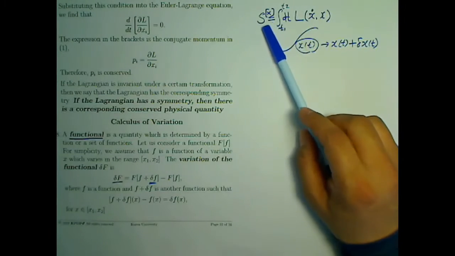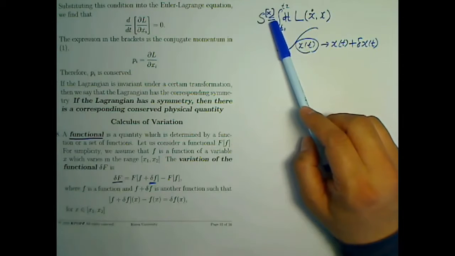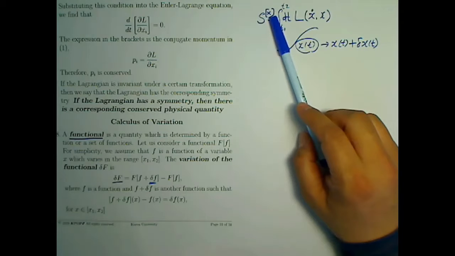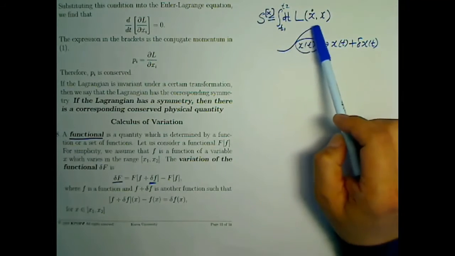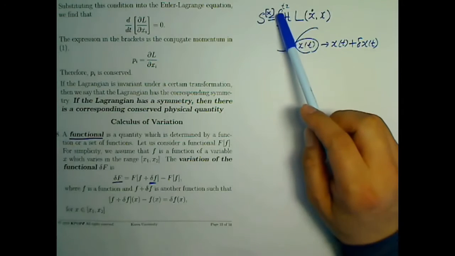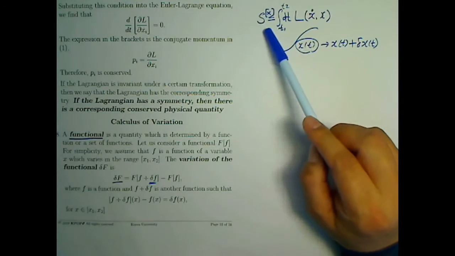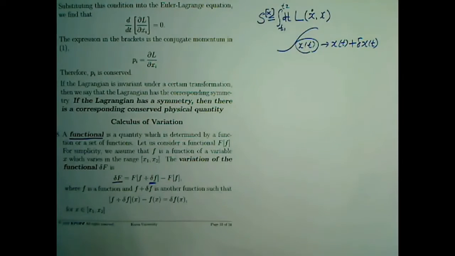Functional means a function of a function. x is not a number. x is a function. I substitute a function and get a value. Let me read it through. A functional is a quantity which is determined by a function or a set of functions.